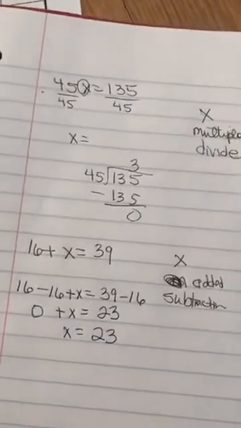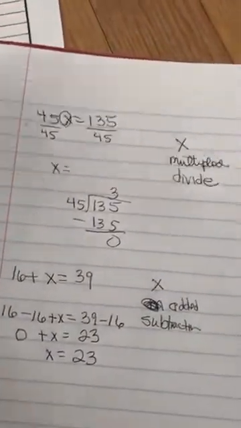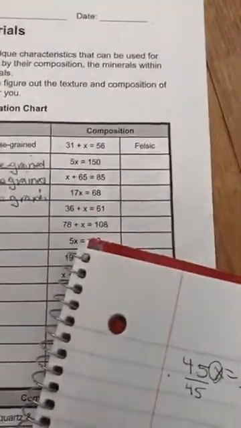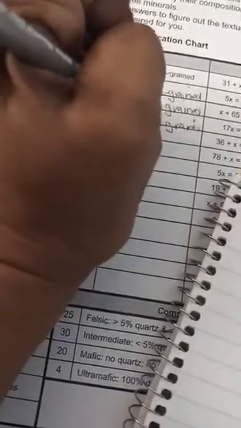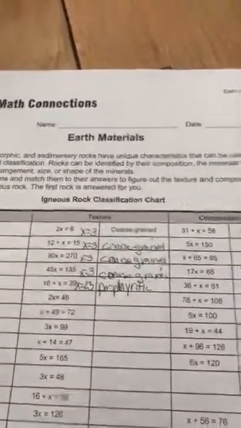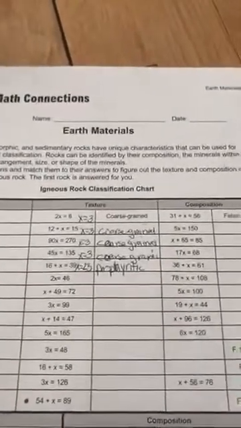X equals 23. So we know x equals, oh, let me go up to my chart that I'm filling out. It is porphyritic. I'm sure I'm saying that wrong, but you know, it's okay. Porphyritic. All right. Okay, so let me see what time it is.